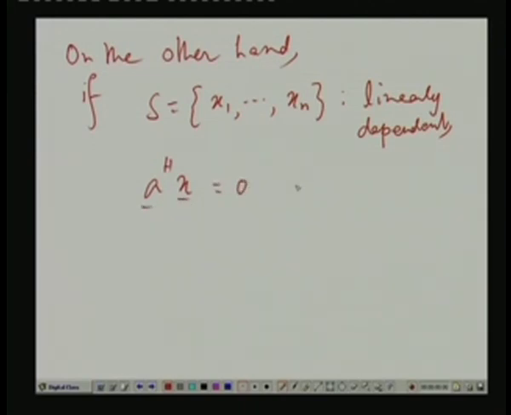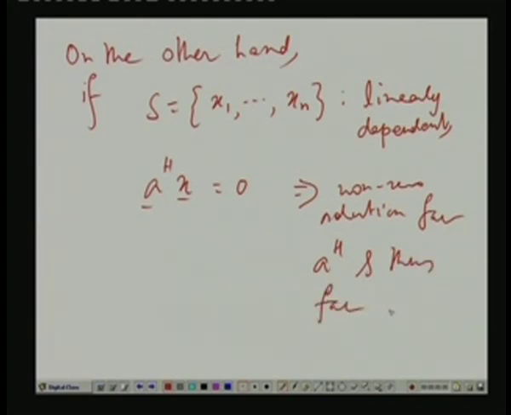If we solve, we can get a non-zero solution for A Hermitian and thus for A. After all, what is A Hermitian x? It is nothing but A1 star x1, the first entry, then A2 star x2 plus dot dot dot AN star xn.